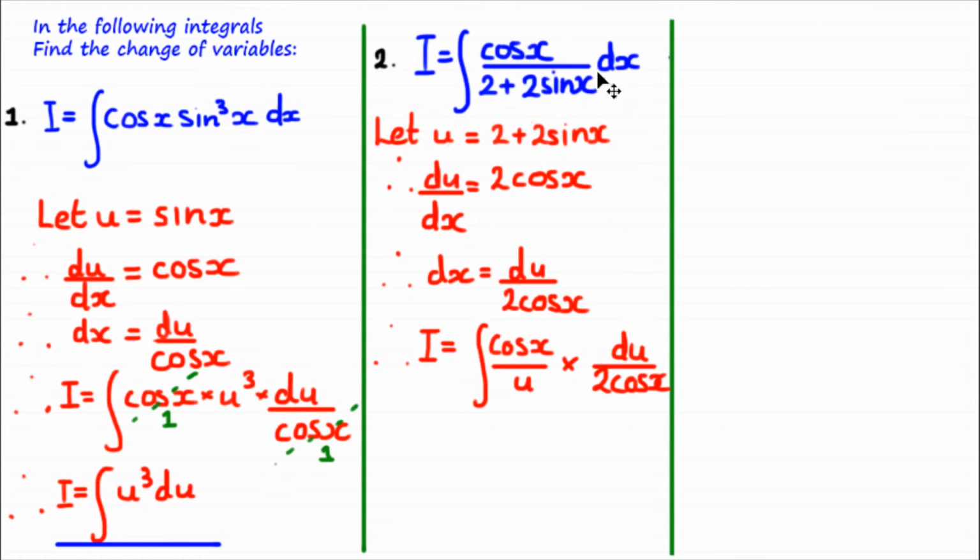So this is what we're left with when we substitute dx for du over 2 cos x, and we substitute 2 plus 2 sine x for u, which we've assigned here. Hopefully you should now see that there is cancelling of terms. The cos x's cancel, and that leaves us with a final integrand of 1 over 2u du.